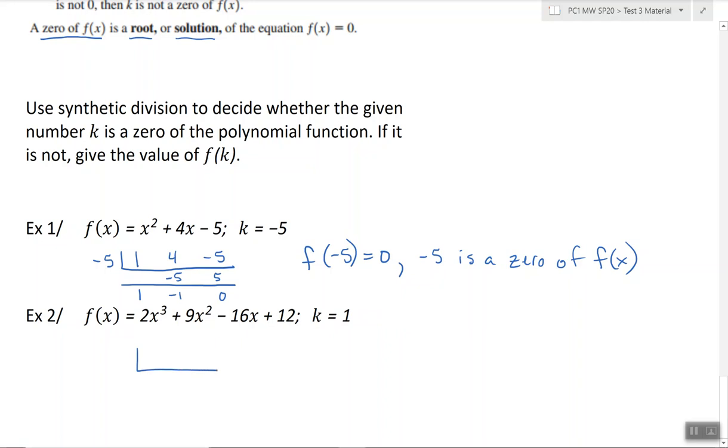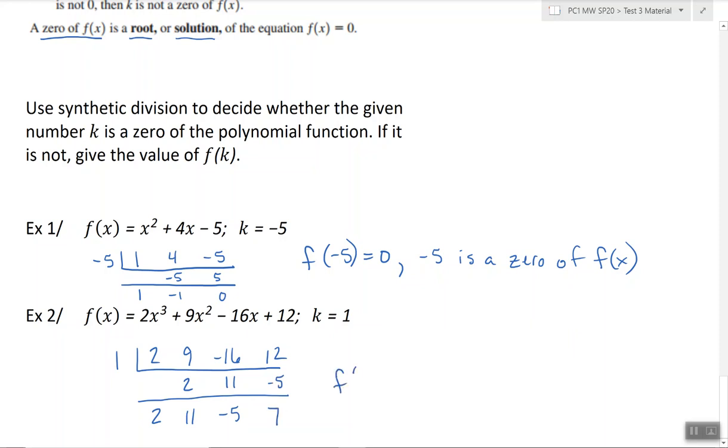Here, go ahead and set up your synthetic division. 2, 9, -16, 12, and k is given as 1. Again, check negative signs, missing terms. We're good, we're ready to go. Carry down the 2 and start that process. Multiply up, combine down. Multiply up and combine down.